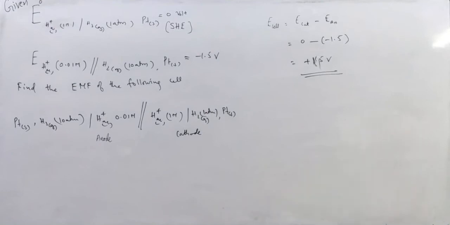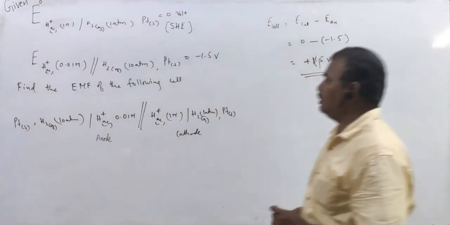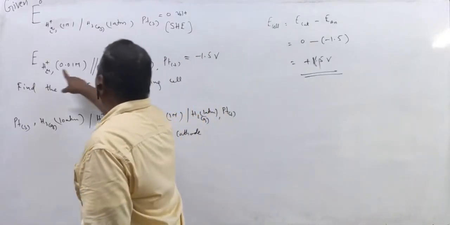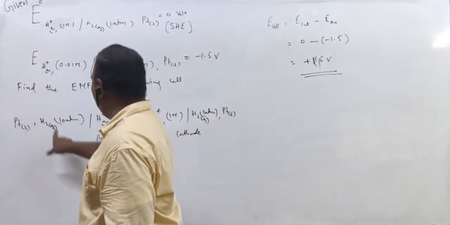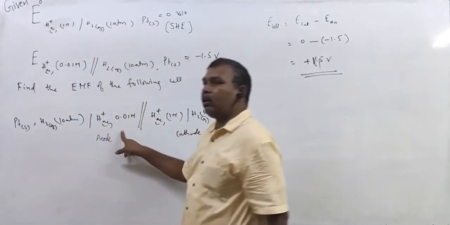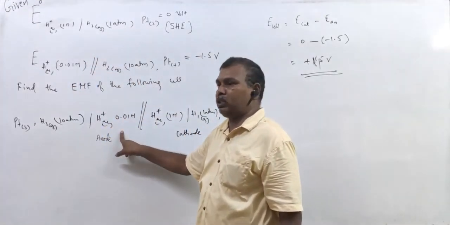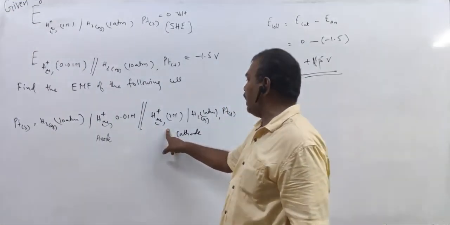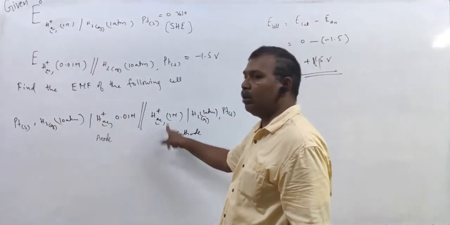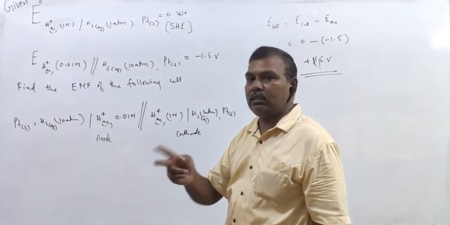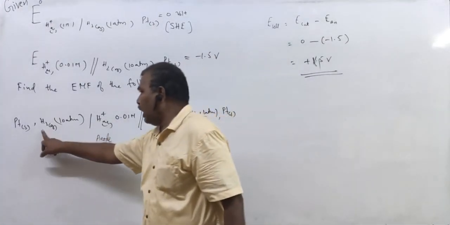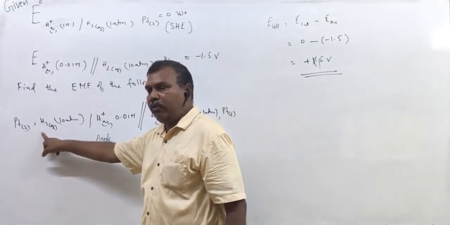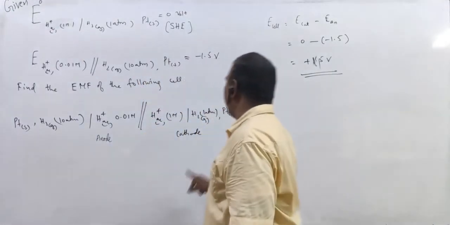Now, what type of concentration cell is it? See, H plus ion concentration in the anode compartment is 10 power minus 2 molar. Hydrogen ion concentration in the cathode compartment is 1 molar. Electrolyte concentration is different. Active mass of electrode is 10 atmosphere here.